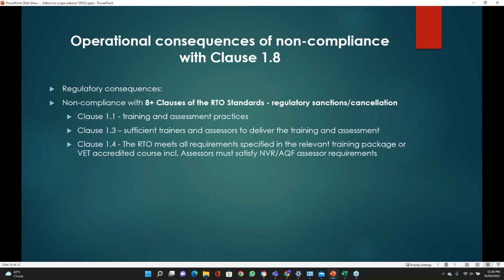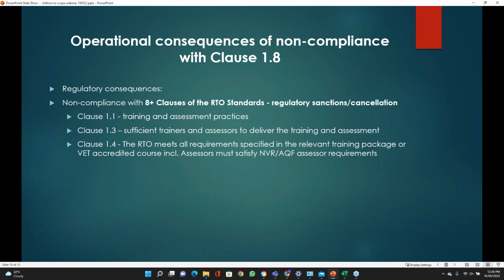But even if it doesn't lead to a regulatory sanction, remember, if ASQA comes in and audits you and your practices are not compliant, it's going to increase your risk rating, which means that down the track, if you do another addition to scope, your risk rating is higher, and therefore your chances of being audited has automatically also increased.